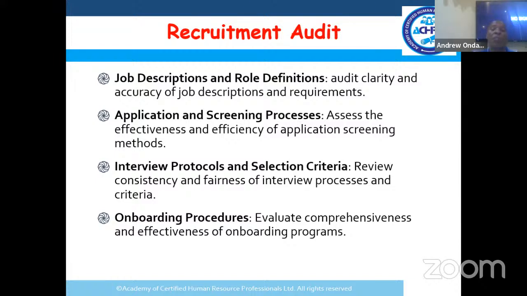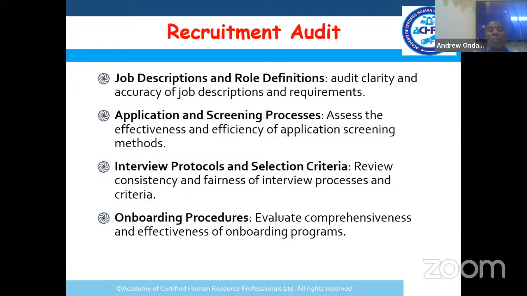And how do we develop job descriptions? As a HR auditor, you will find out whether there was a job analysis, because job analysis helps us to develop job descriptions. And from job descriptions, we develop job specifications. And from job specifications, we develop person specifications, which are all very key ingredients when we advertise.